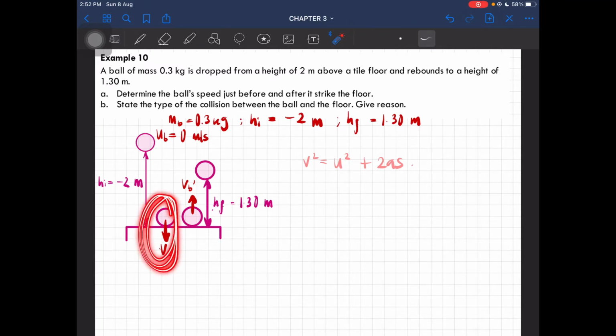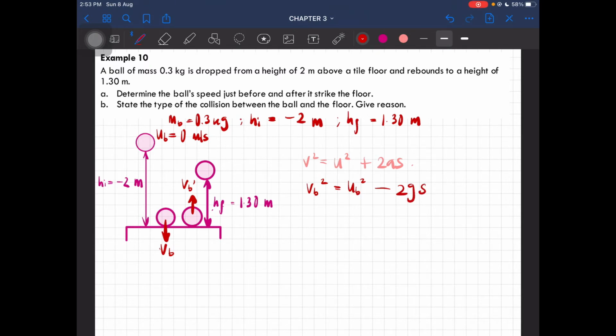We can use VB squared equals UB squared minus 2gs, where s equals h initial. VB is the one we are looking for.